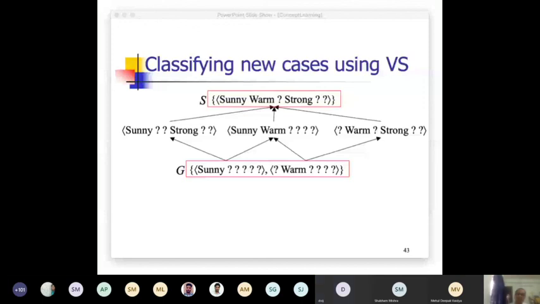The algorithm says that if a hypothesis is inconsistent, it needs to be removed from G, right? But in that case, all of them will be removed, no? Yeah, all of them will be removed. Yes, that's a contradiction.